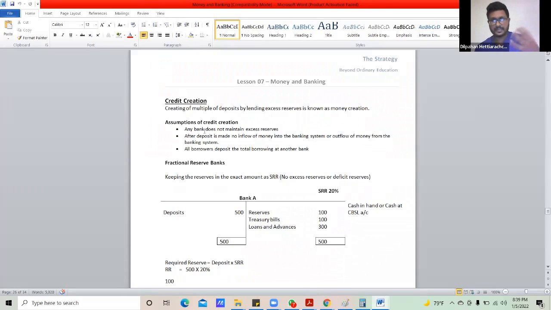The central bank prints money, issues it to the public, and the public go and deposit that money in commercial banks. And commercial banks create multiple times of deposits from this money they have accepted from their customers. Right? So I will tell you an example.